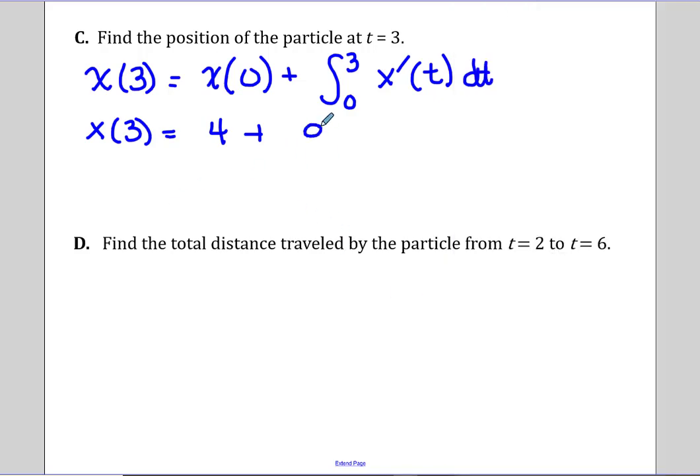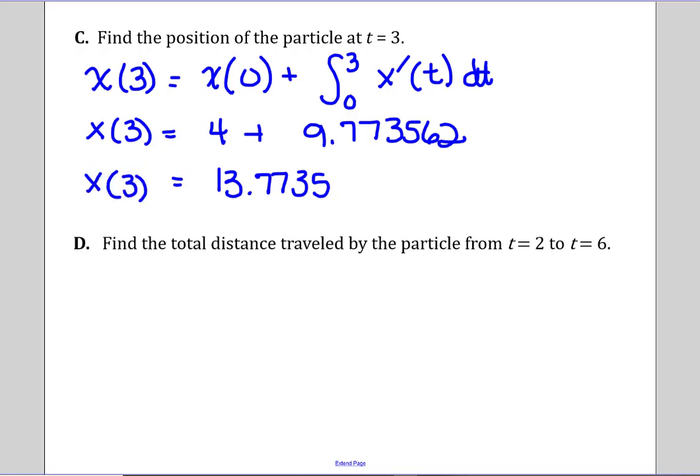That gives 9.773562. So adding 4 to that, we've got 13.7735.